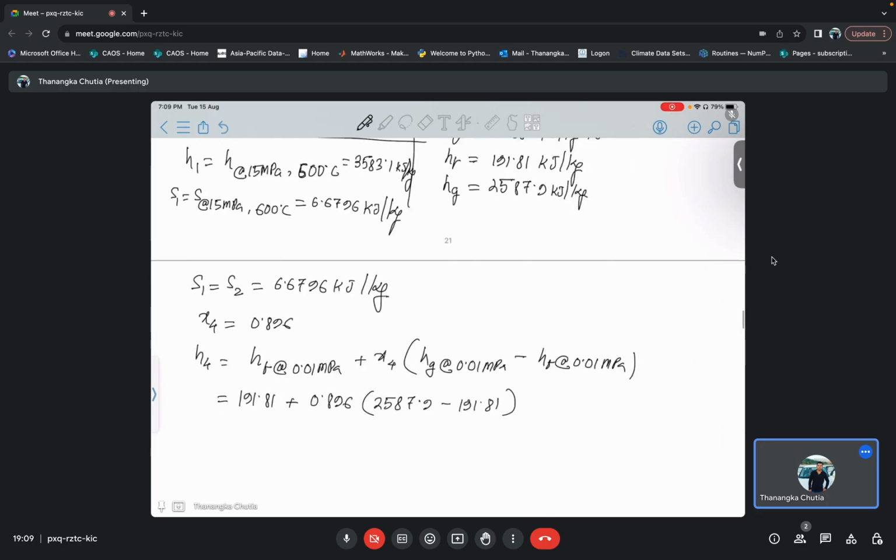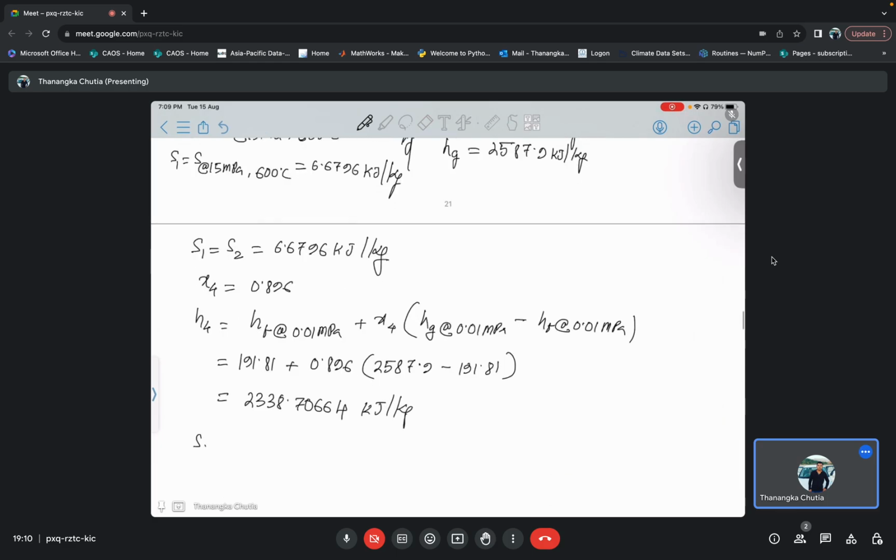If you put this in, 0.896 into 2587.9 minus 191.81, plus 191.81, this is equal to 2338.70664 kilojoule per kg. This is your H4.